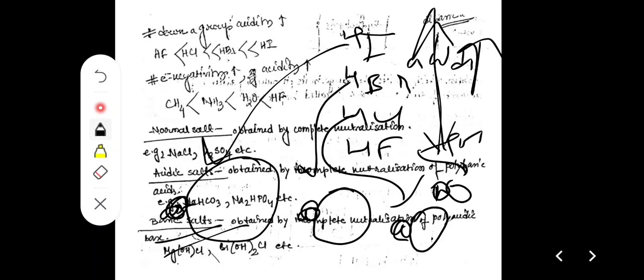After iodine, bromine is the next largest, so due to ineffective overlap, H plus removal is easy. By this way, from HF, HCl, HBr to HI, from top to bottom, acidity increases in terms of the overlap idea.